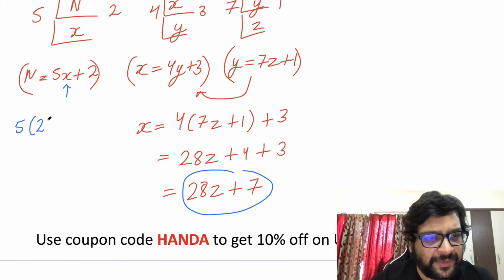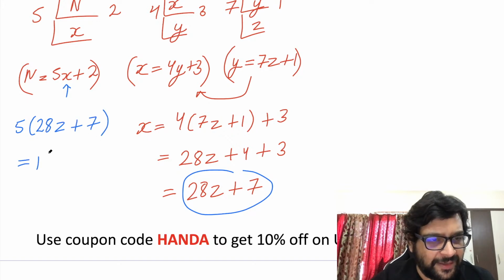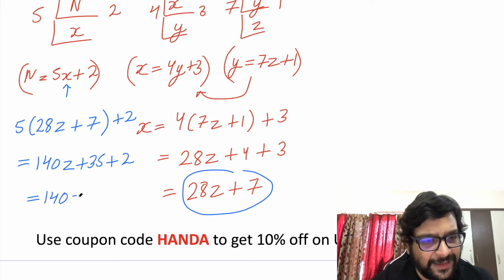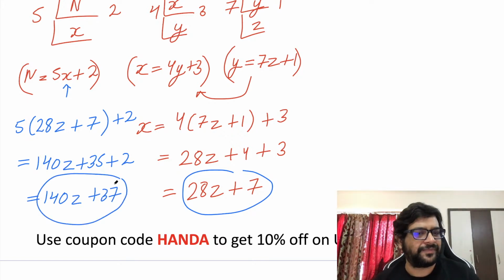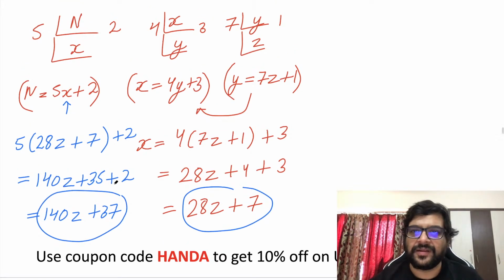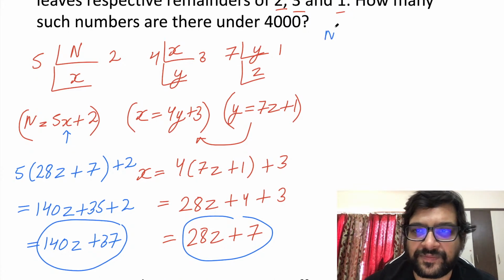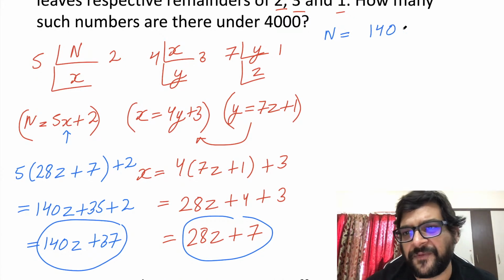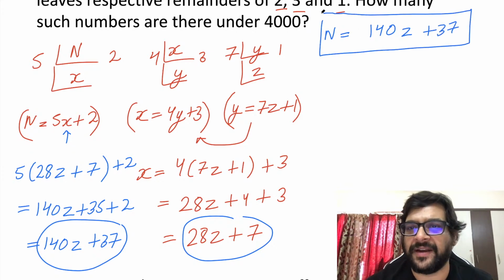So I will get 5 times 28z plus 7, plus 2, which is 140z plus 35 plus 2, or 140z plus 37. Are you guys okay with this? 140z plus 37. This is the generic format.